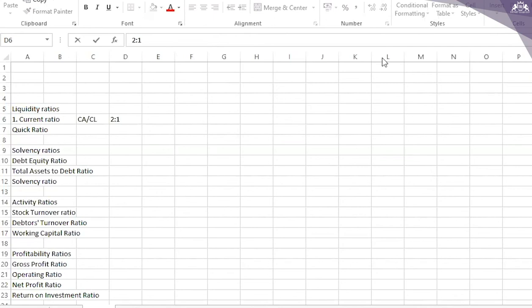So what are current assets? Those which can be converted into cash over a period of 1 year. Now quick ratio. Quick ratio is quick assets divided by current liabilities.